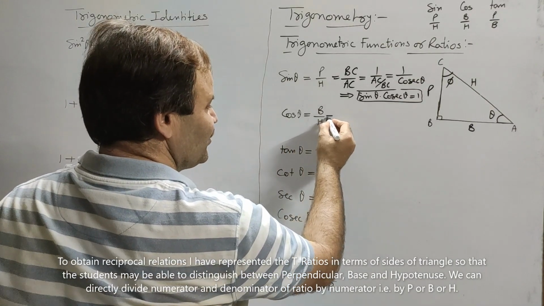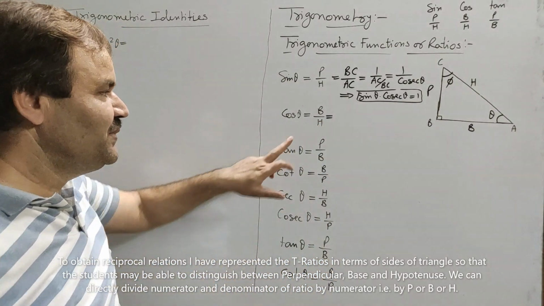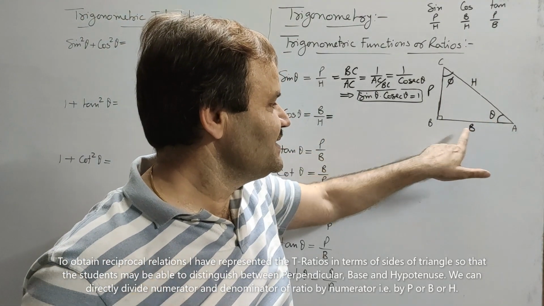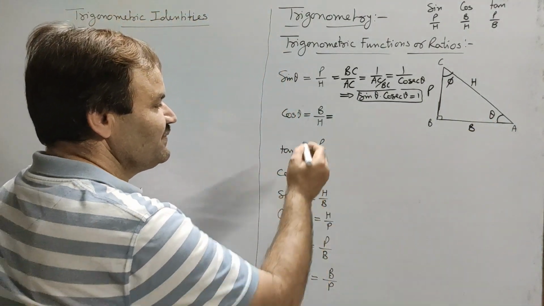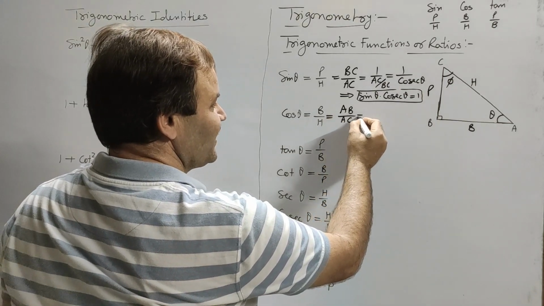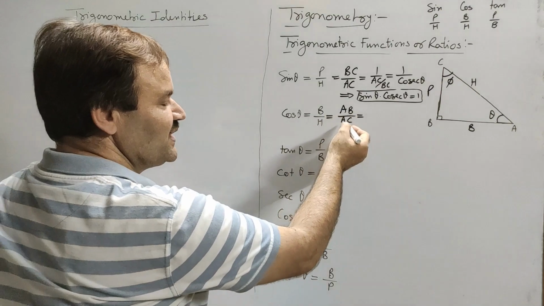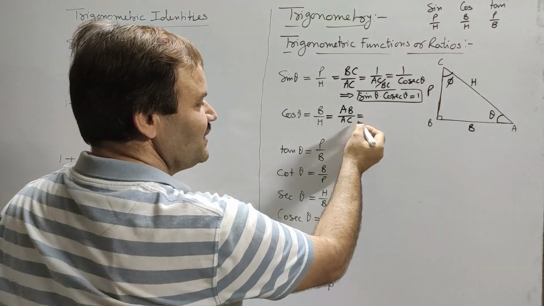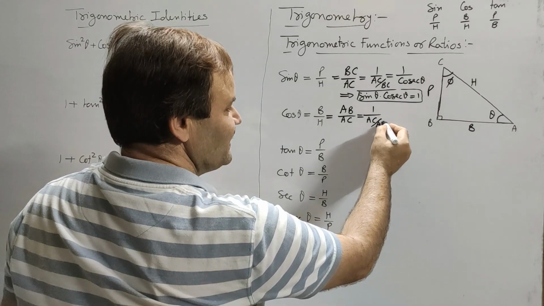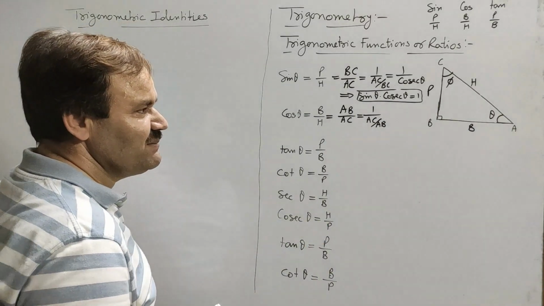Now if we come to cos theta, it is base upon hypotenuse, and for angle theta base is AB, so it will be AB upon AC. Dividing numerator and denominator both by AB, it will become 1 upon AC by AB.